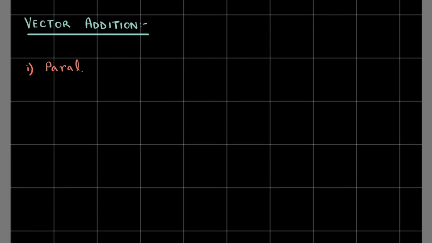Parallelogram. You know what a parallelogram is, right? A parallelogram law. A parallelogram is a four-sided figure whose opposite sides are parallel to each other. Okay, now let me first draw my Cartesian coordinate system.